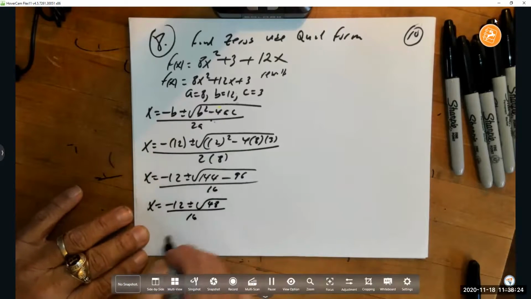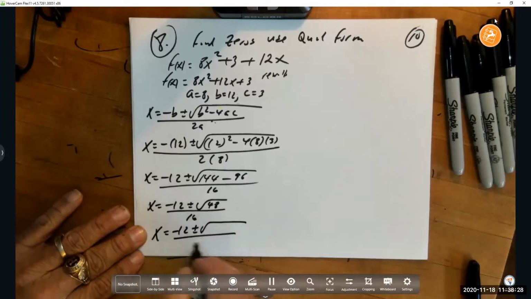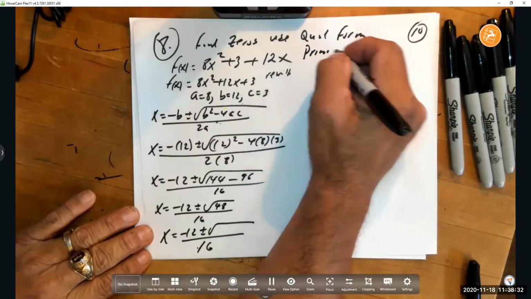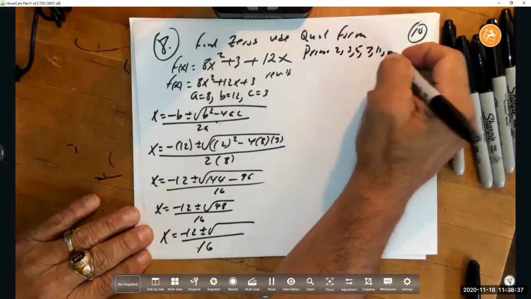So x equals negative 12 plus or minus... I'm going to fix that one. All right, let's just go here. Prime numbers: 2, 3, 5, 7, 11, 13.